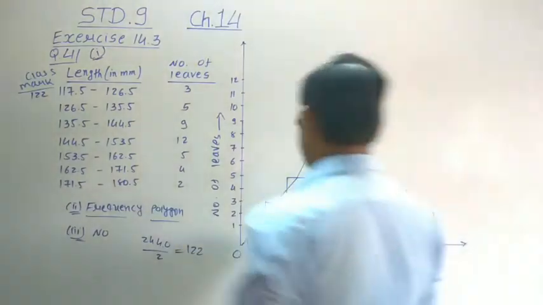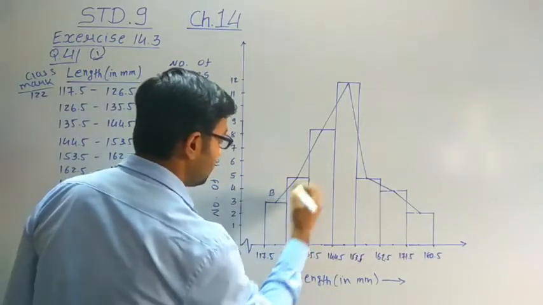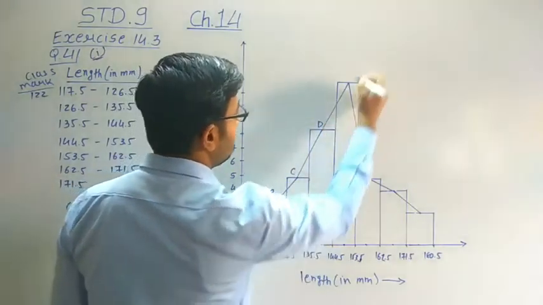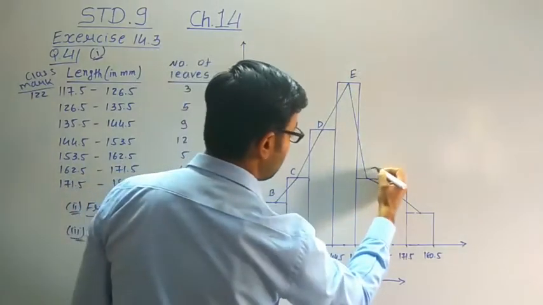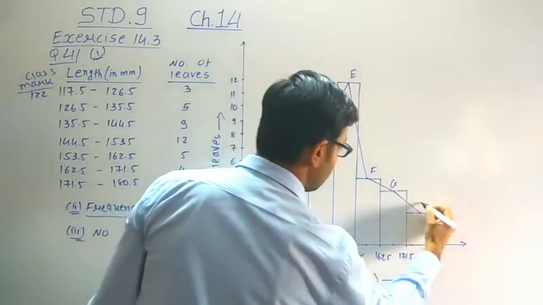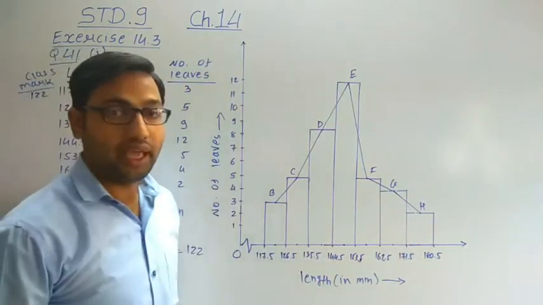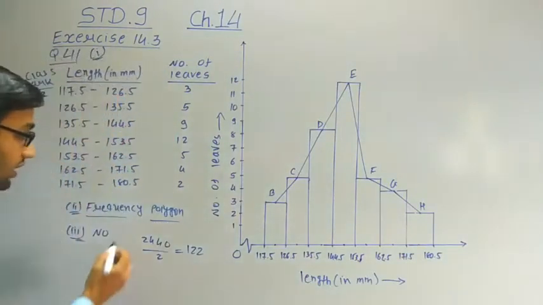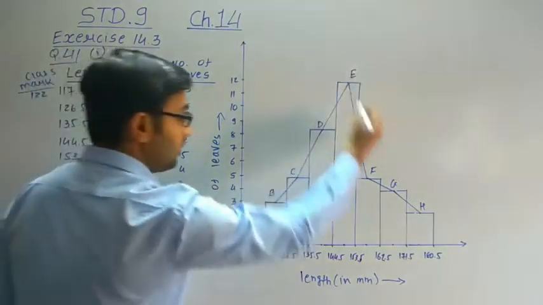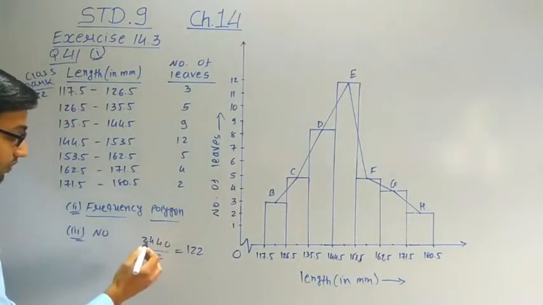We can give names to these points like this: B, C, D, E, F, G, and H. Right? B, C, D, E, F, G, H. Here it is stated that this is called the frequency polygon.